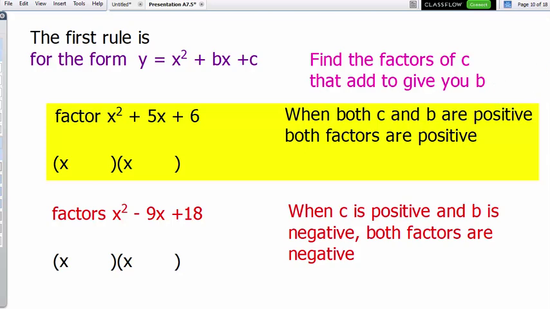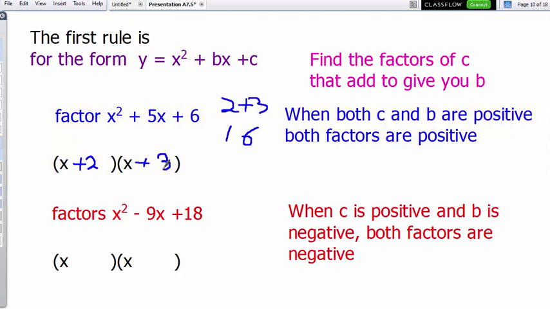So I'm going to look for my list of factors for my 6, and 2 times 3, 1 times 6. The one that adds to get me the numbers I want is 2 plus 3. That's factored. We're done.